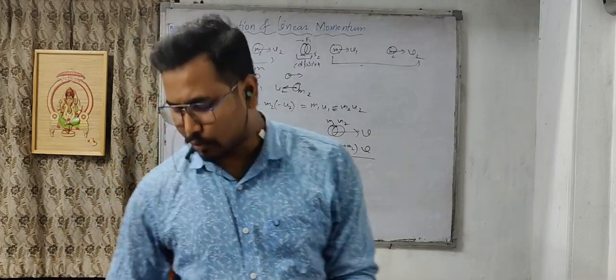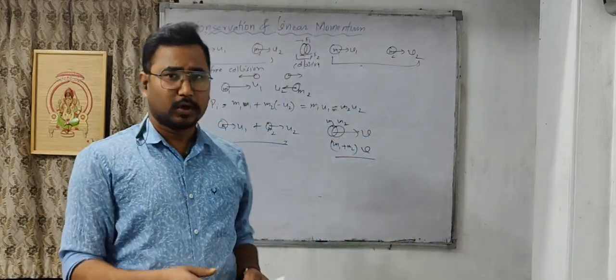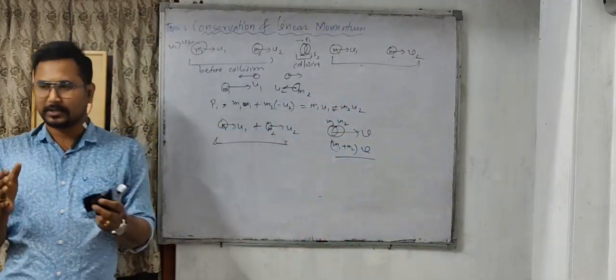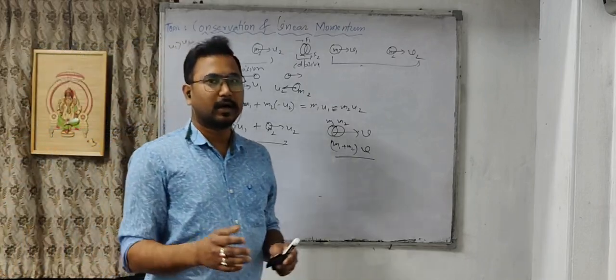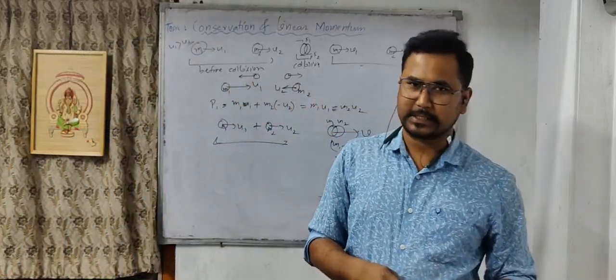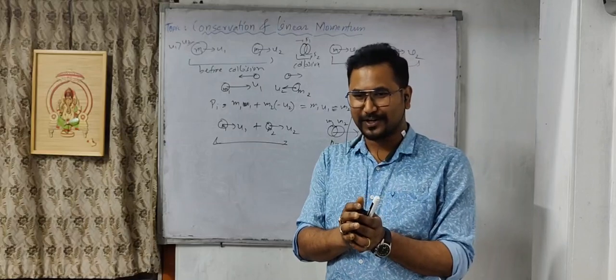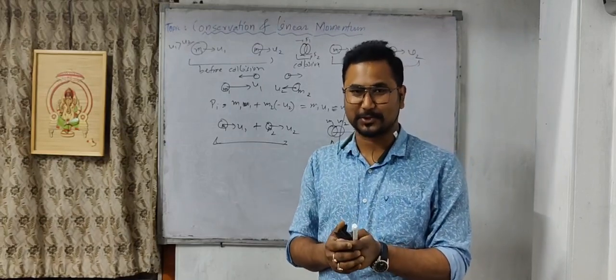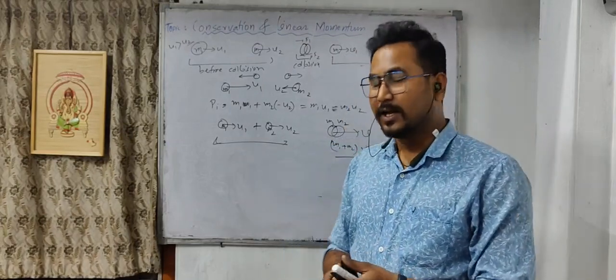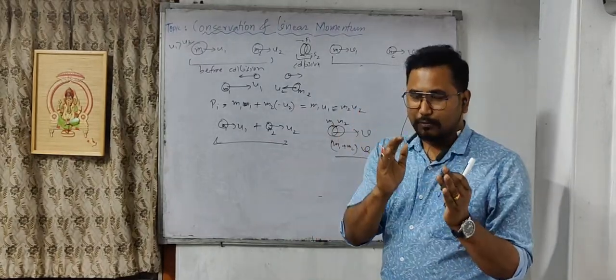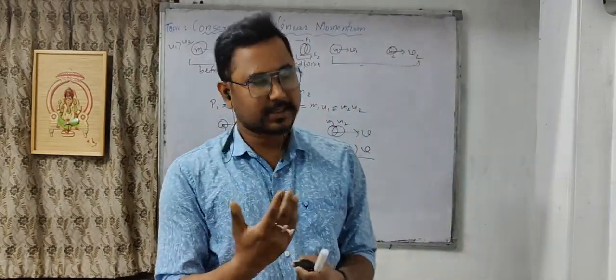Now another most important thing: is there anyone whose father is in the army or any kind of defense? Okay, fine. Yes, I can see so many students. Very good, very nice. Now, why am I asking this?